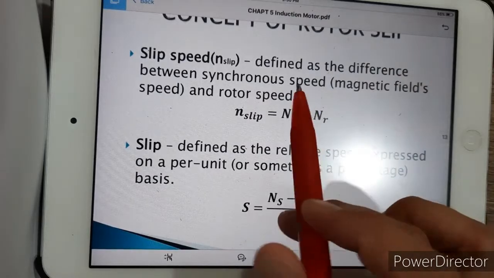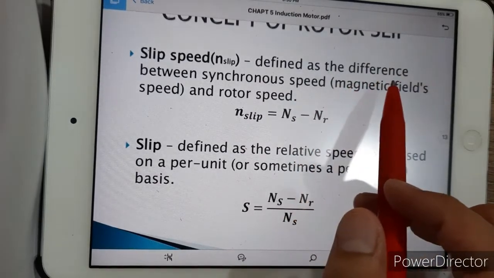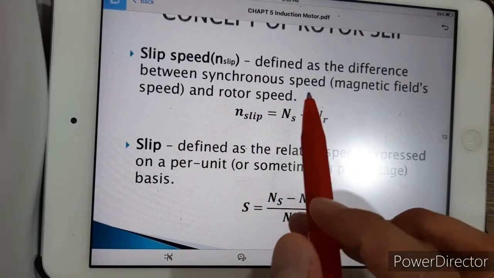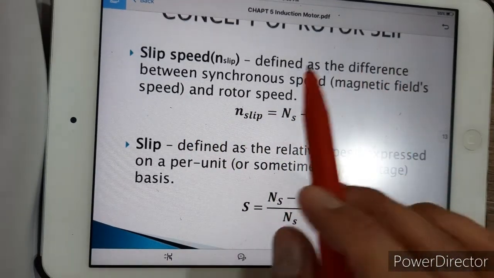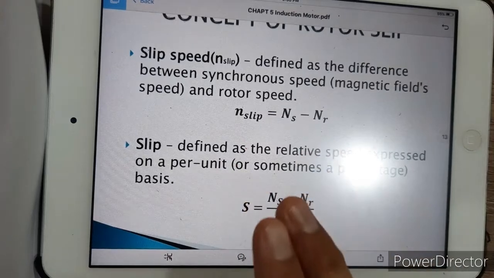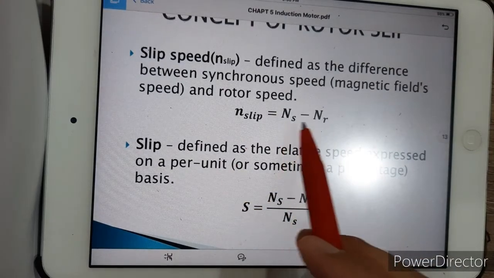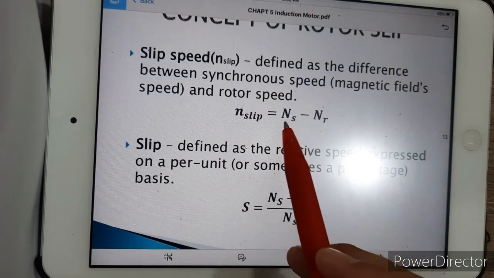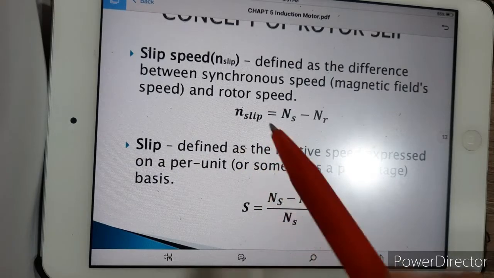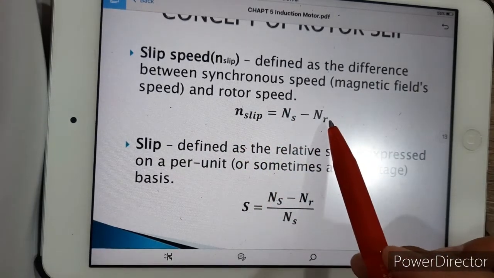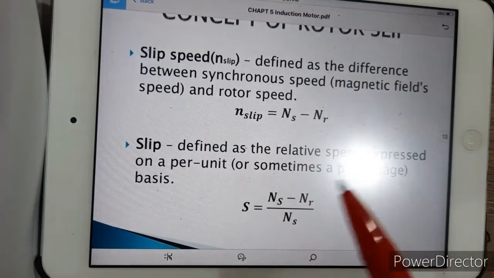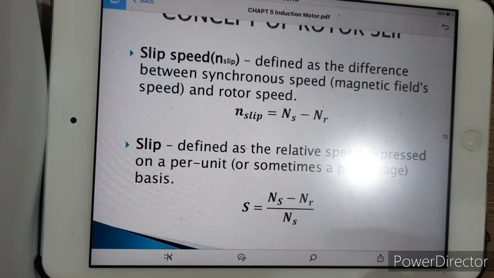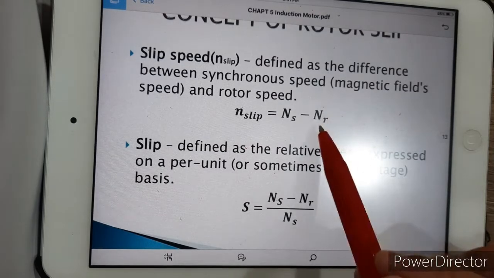Slip is defined as the difference between synchronous speed, which is the magnetic field speed, and rotor speed. So a motor has two types of speed: NS and NR. NS is the synchronous speed, the speed of the flux, and NR is the rotor speed.